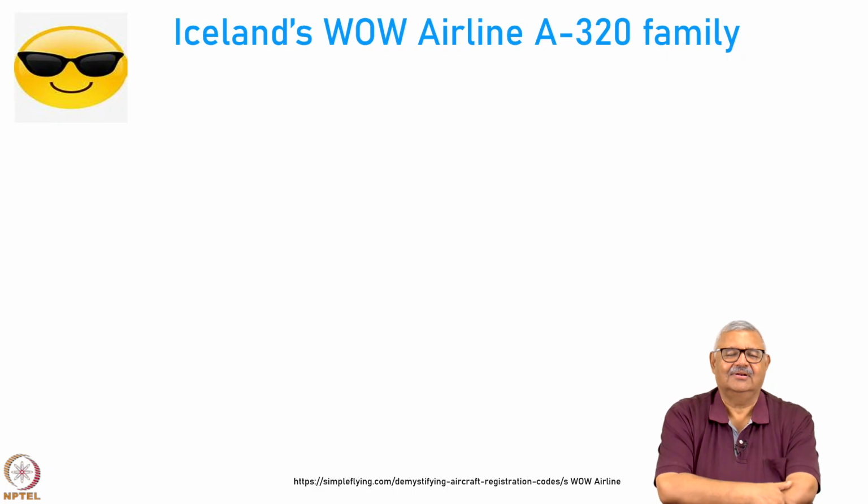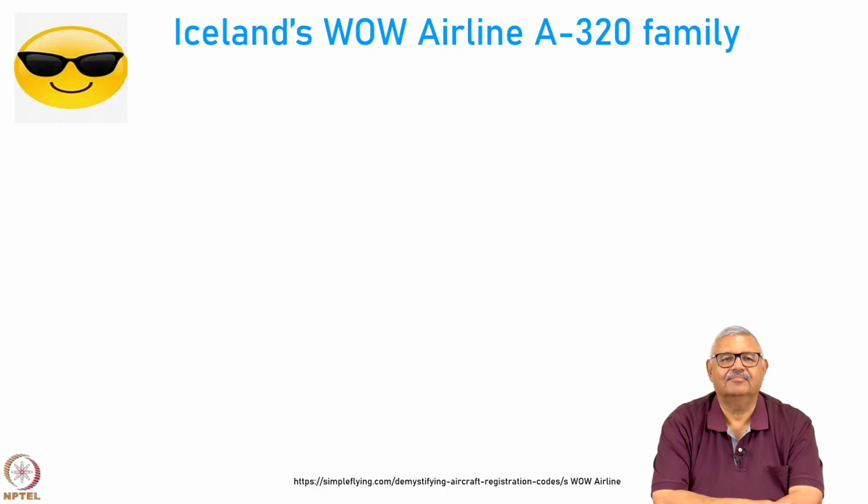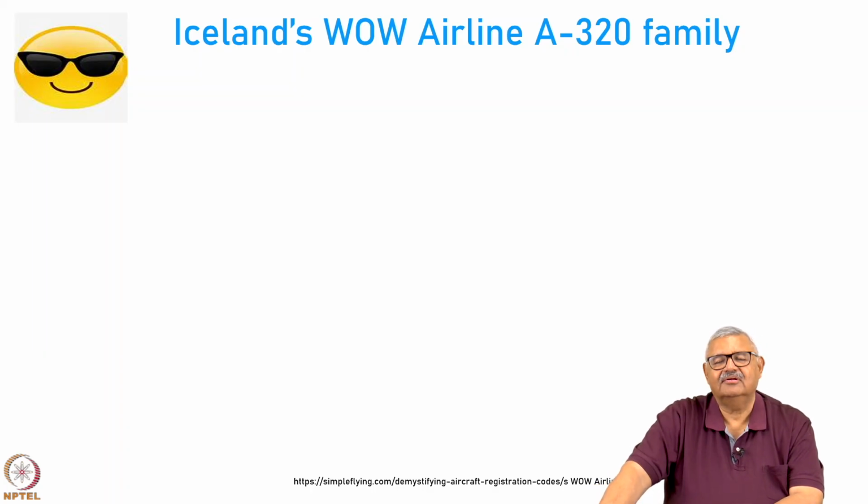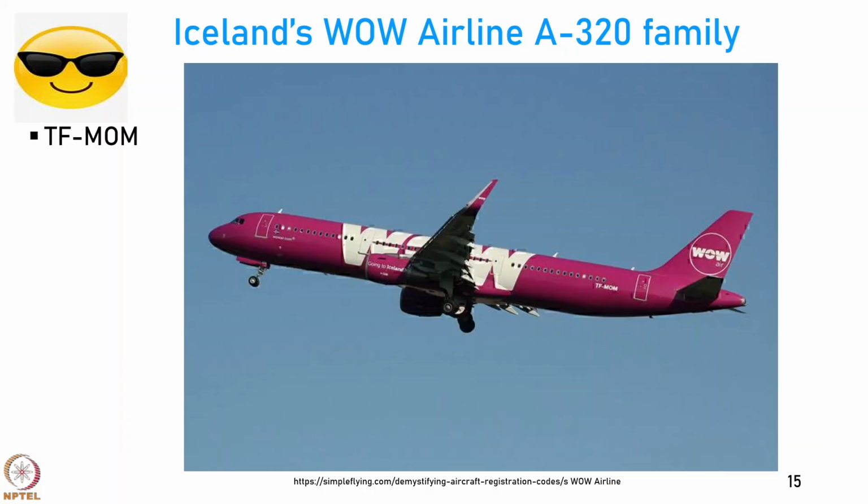Another funny, witty example is from the airline from Iceland called WOW airline. This airline uses several types of Airbus A320 aircraft such as A320, A321, etc. So the first aircraft is called TF-MOM.